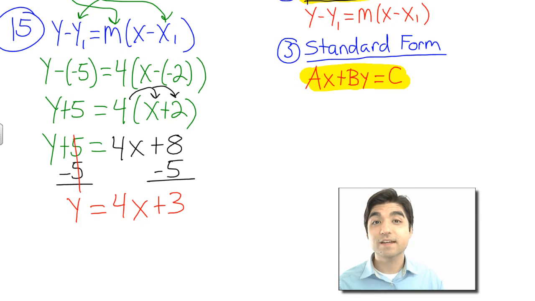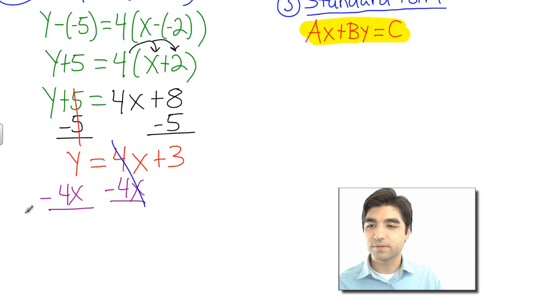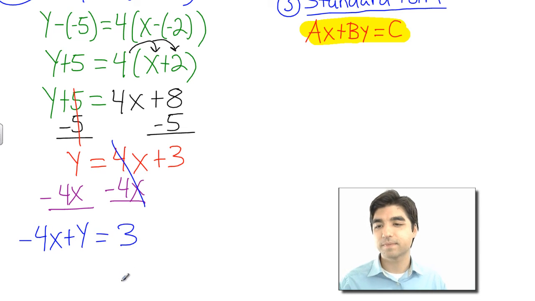And then to get the x to the left hand side we need to subtract 4x. Okay, and then that crosses out. And then to simplify this, we have minus 4x plus y equals 3.